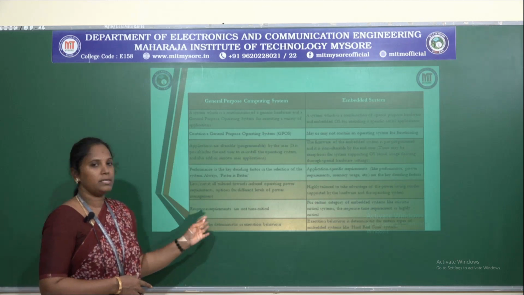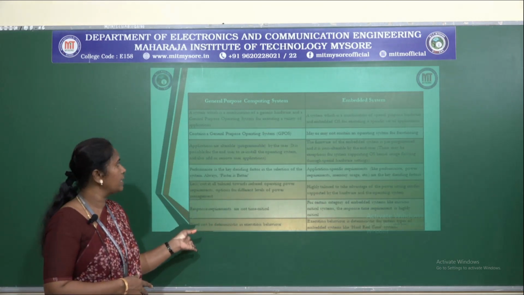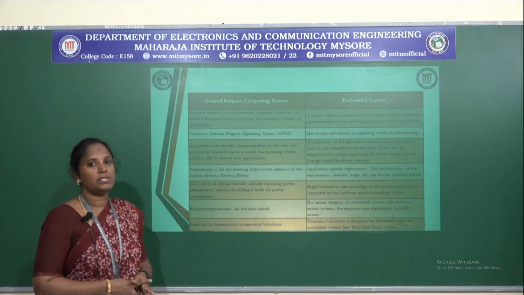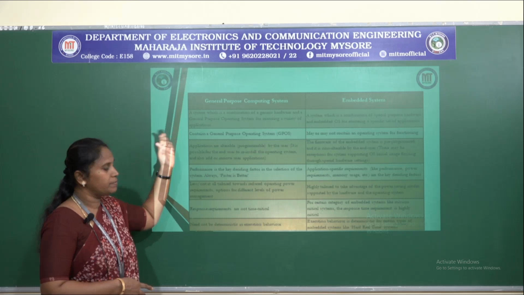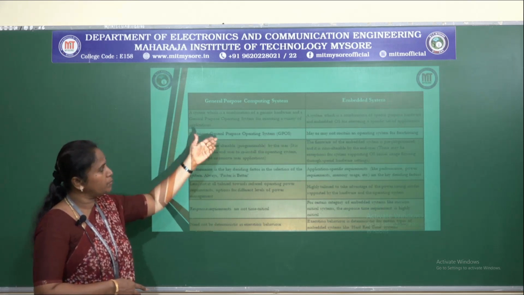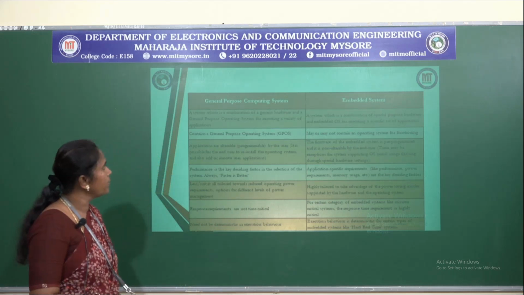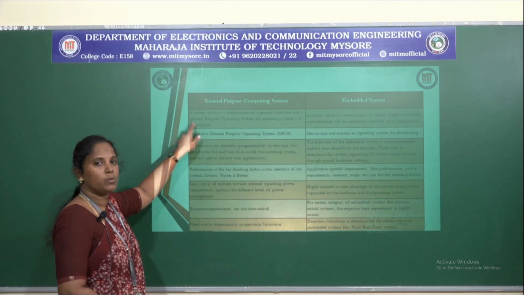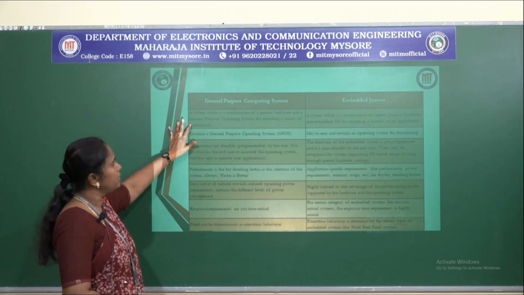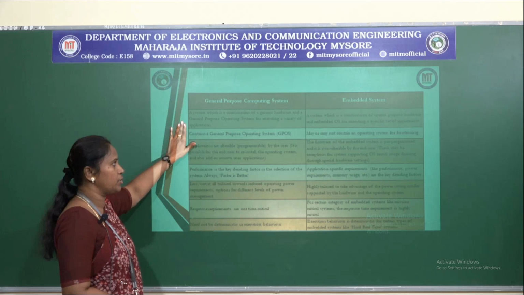As you can see, in yesterday's class also we discussed all these criteria. What are the general points to be considered with respect to your general purpose computing system as well as with respect to your embedded system. In case of the general purpose, what are the components present? It consists of a general purpose operating system, hardware and software.